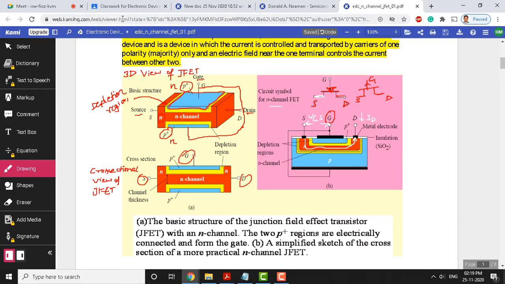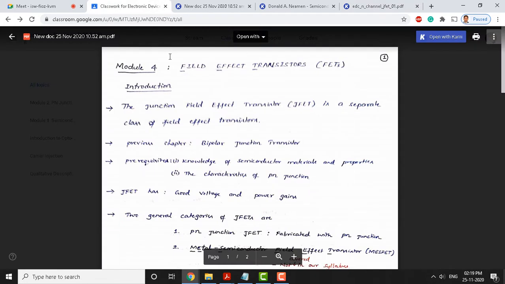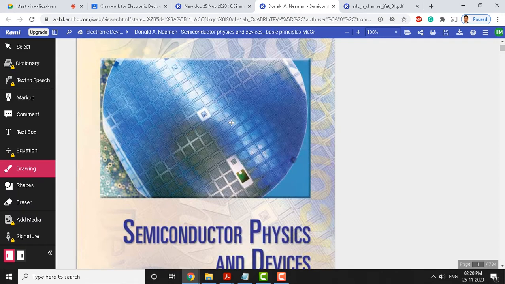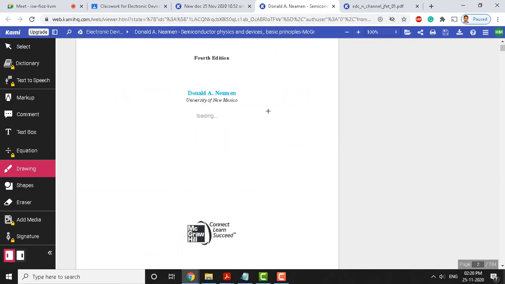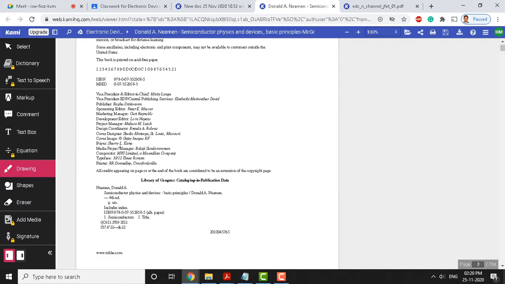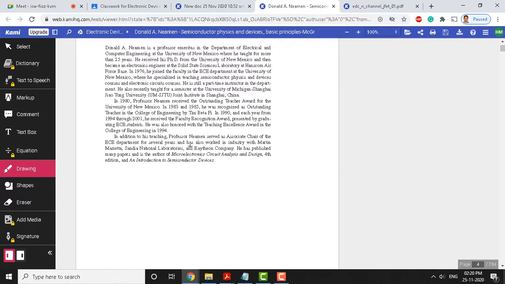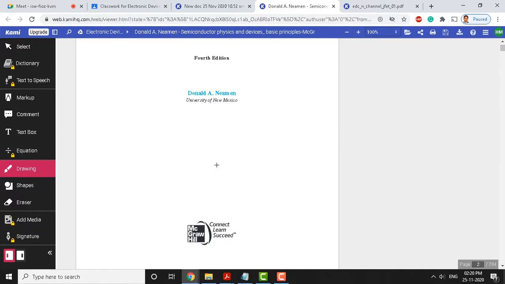With that, I will move on to the handwritten material, so that you can later look at the other details from the textbook as well. The textbook is also shown here. The 13th chapter of this Neamen textbook, Donald A. Neamen, is what you can look at.